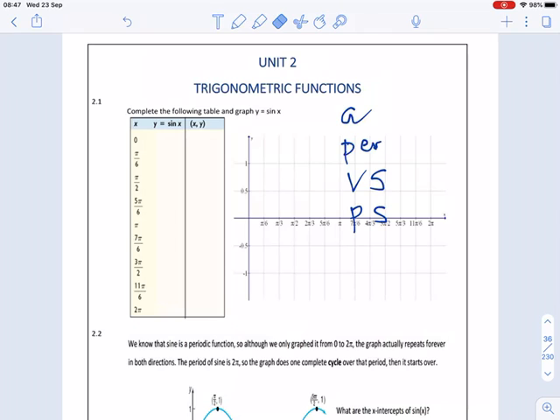Now, remember in school you have done also your sine cos graphs. The point is here that we need now to look at radian measurement and not degrees.